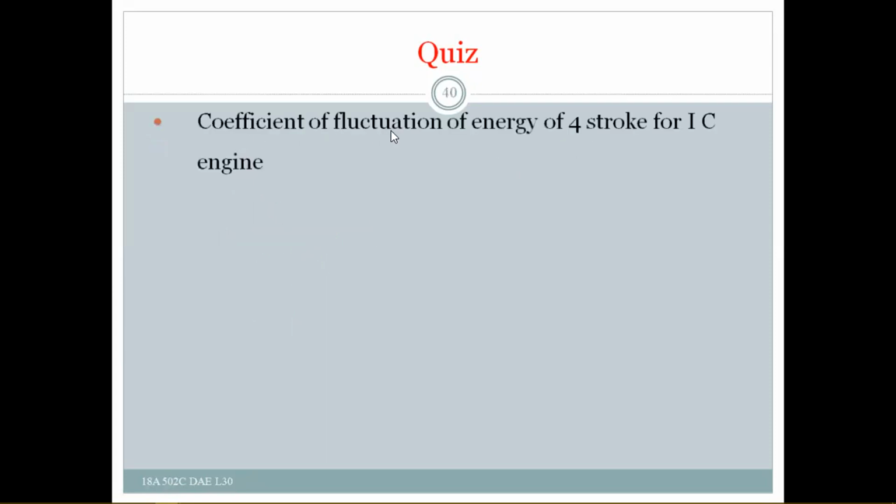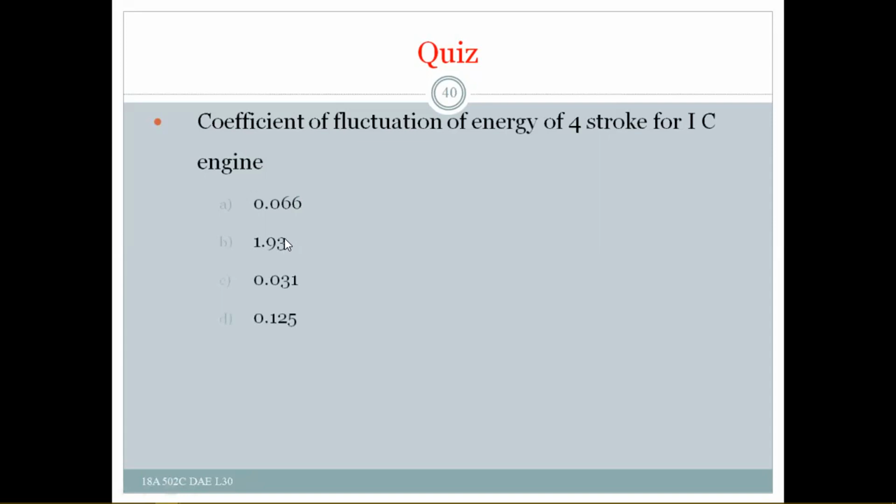And next is the coefficient of fluctuation of energy for a 4-stroke IC engine. Here it has not been mentioned whether it is a single cylinder, 4-cylinder or 6-cylinder, so we cannot predict the exact answer in this case.